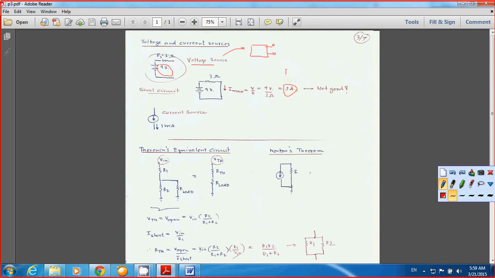You know that P equals I squared R, and this I has the power of 2, so I is going to have more effect on the power than R, because of the square.